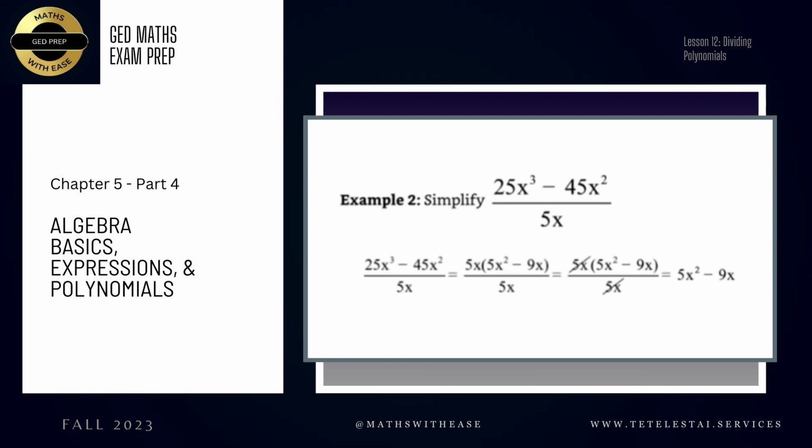So we decided that we wanted to check our answer by making x 1, right? So if we plug in 1 here, 5 times 1 squared is 5. 9 times 1 is 9. 5 minus 9 is negative 4, okay?